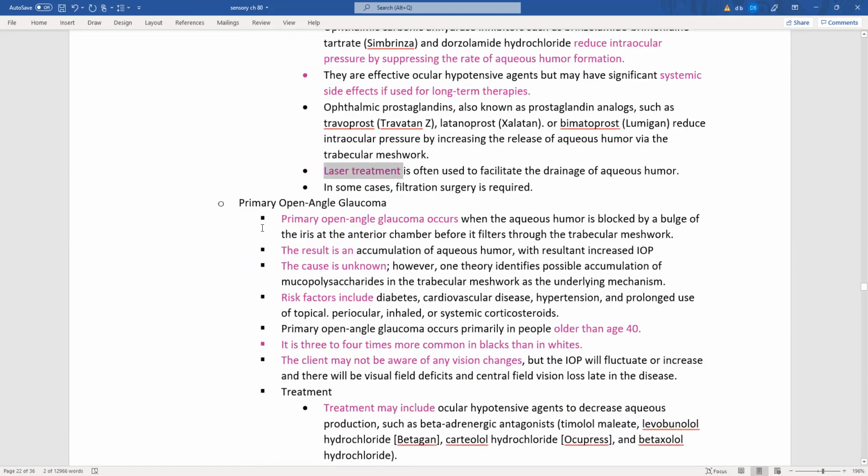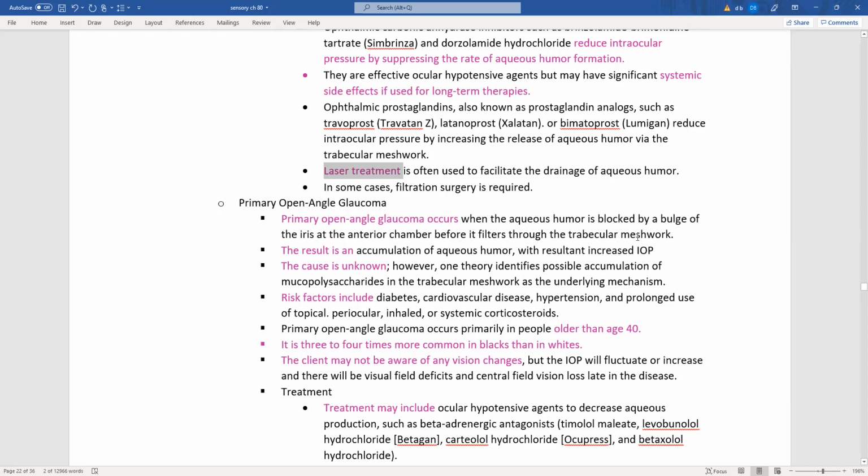Now, primary open angle glaucoma, what it does is when the aqueous humor is blocked by a bulge of the iris at the anterior chamber. The iris is where you get your eye color. When the pupil dilates, the iris kind of dilates as well, or it stretches, and then the iris blocks the trabecular meshwork.